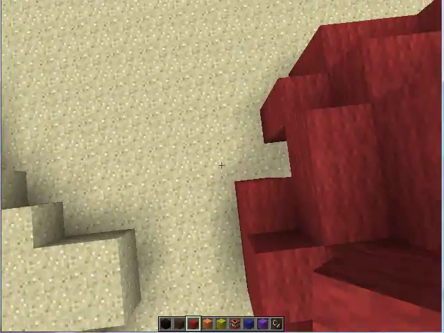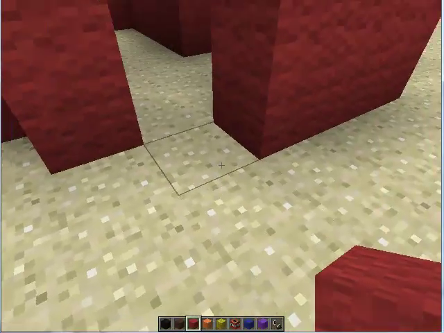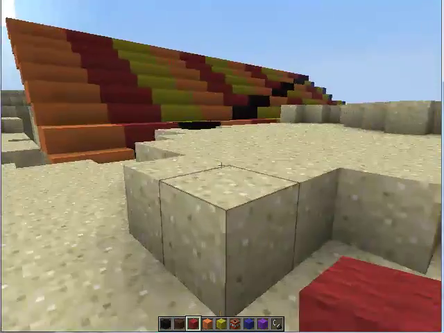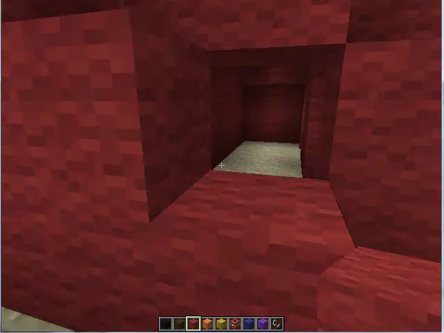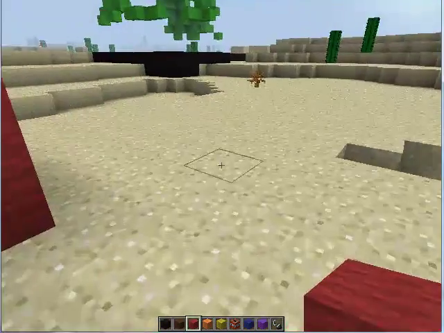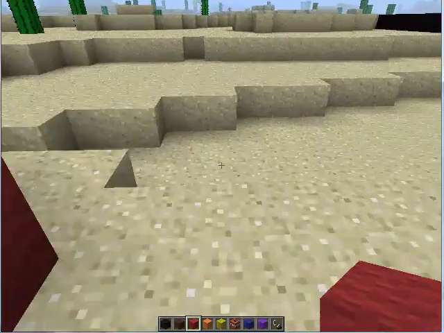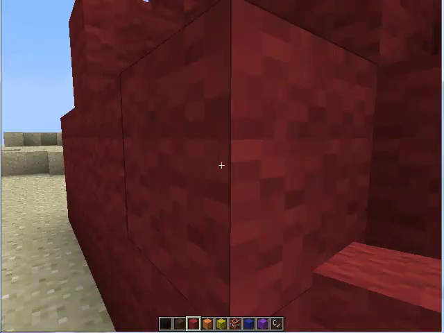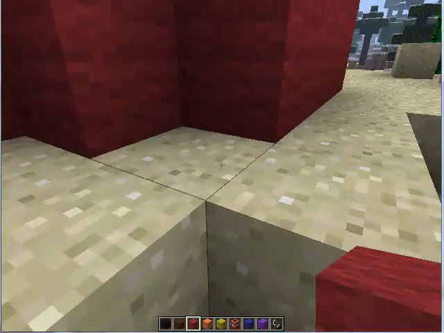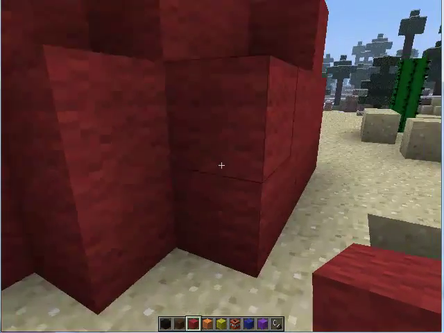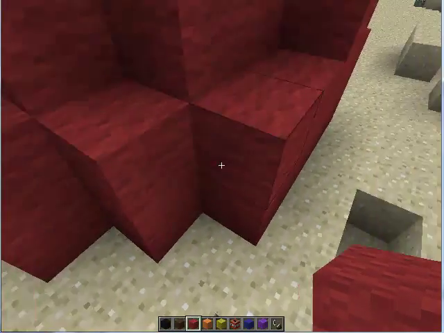And of course we're going to have 8 of them because of the symmetry. Okay, and our sphere is ready.